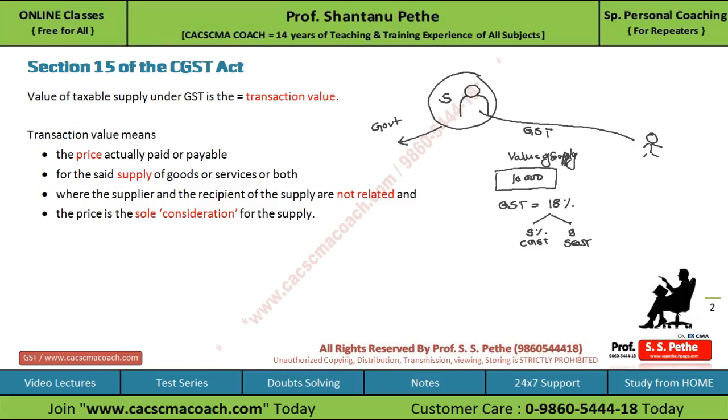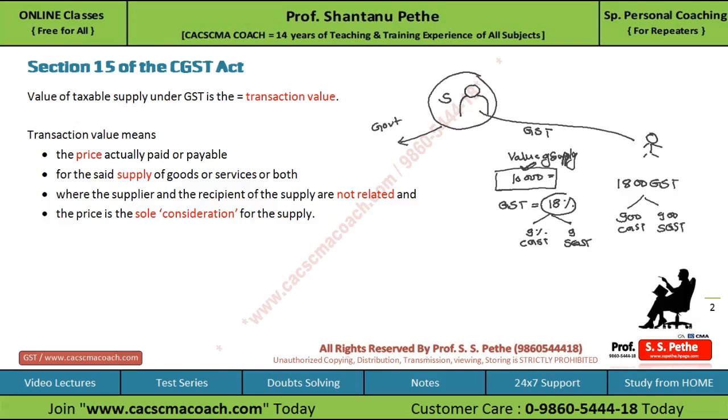The supplier will apply this 18% on the value of supply, that is on 10,000. So you will get 1800 as GST. And if you bifurcate it further, it will come 900 as CGST and 900 as SGST.